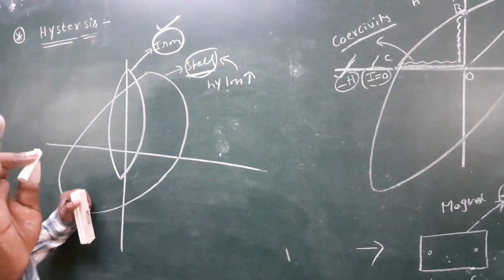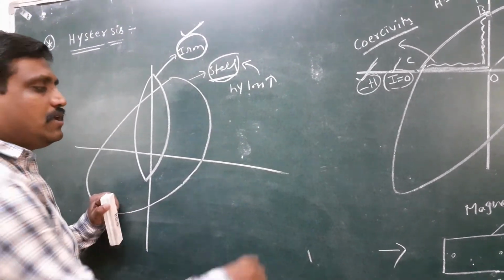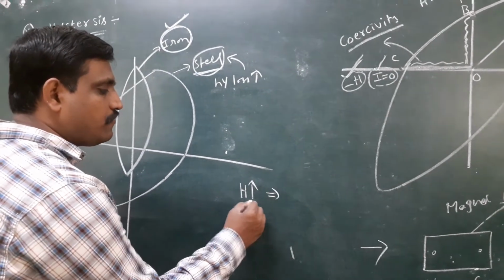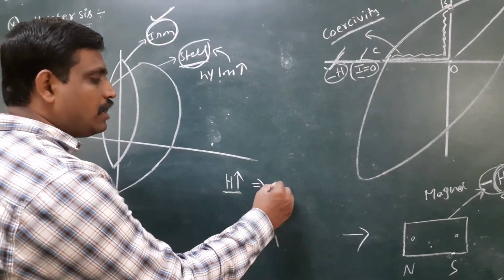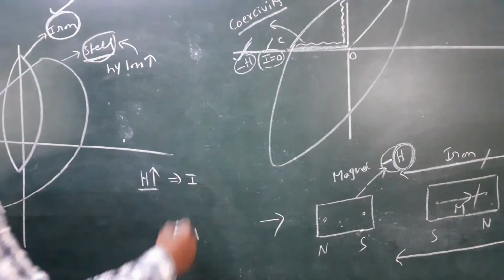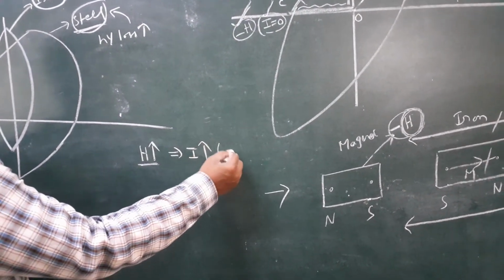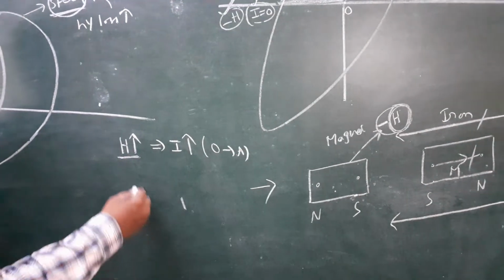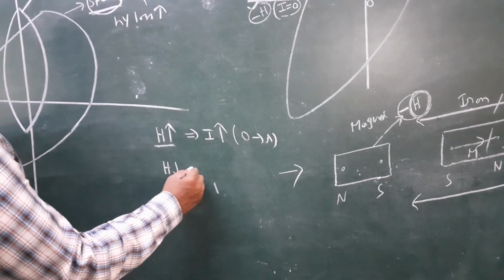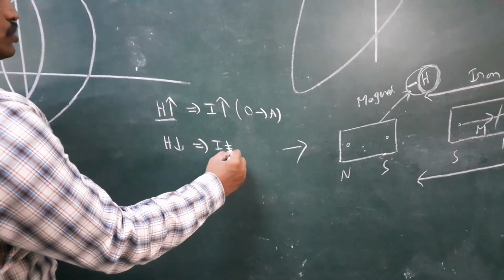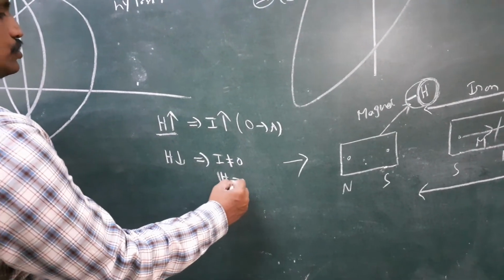One more point, to revise neatly. First, H increases. That means as the field from the bar magnet increases, intensity of magnetization develops in the magnetic material. H increases, I increases, in the graph O to A. Next, H decreases, I also decreases, but when H is 0, I is not equal to 0.